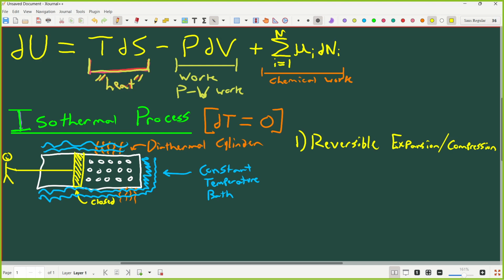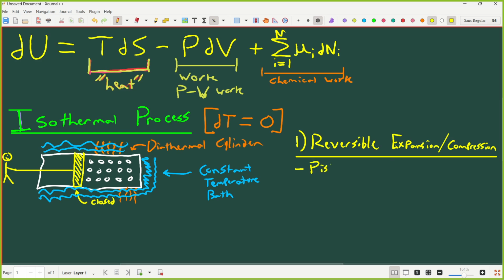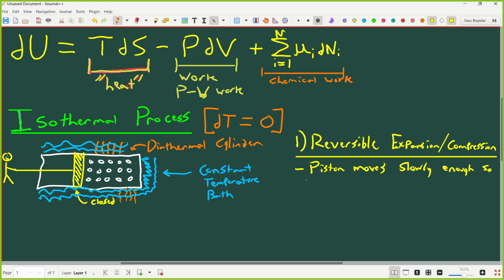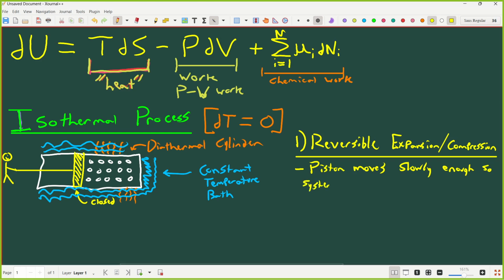But the idea is he's just going to slowly move this container in infinitesimally small steps, so that in between steps the system stays in equilibrium, never driven out of equilibrium. So the piston moves slowly enough that the system stays in equilibrium.